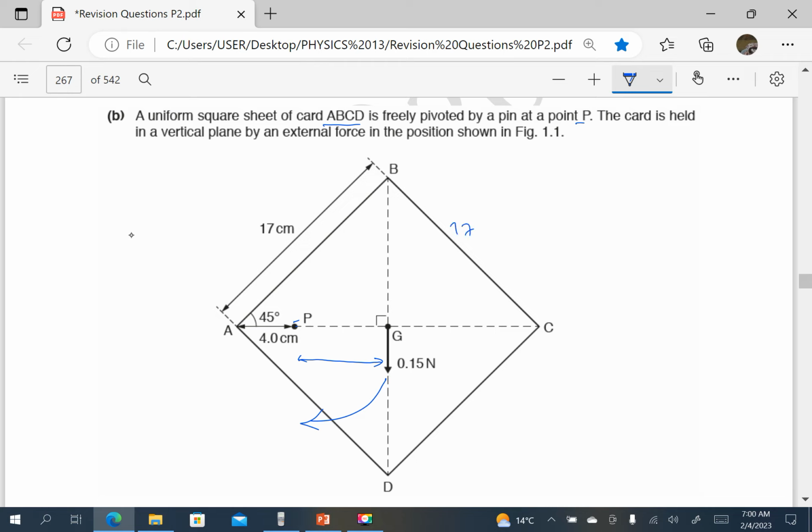This is also 17. Okay, so let me find this distance here, the whole distance AG.